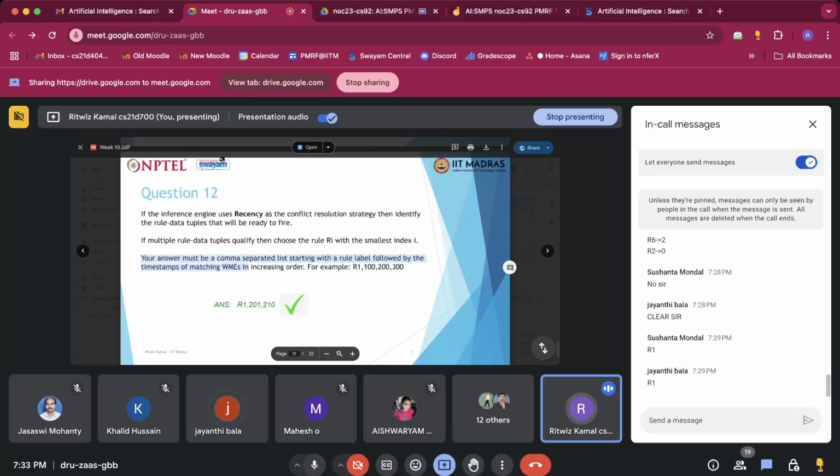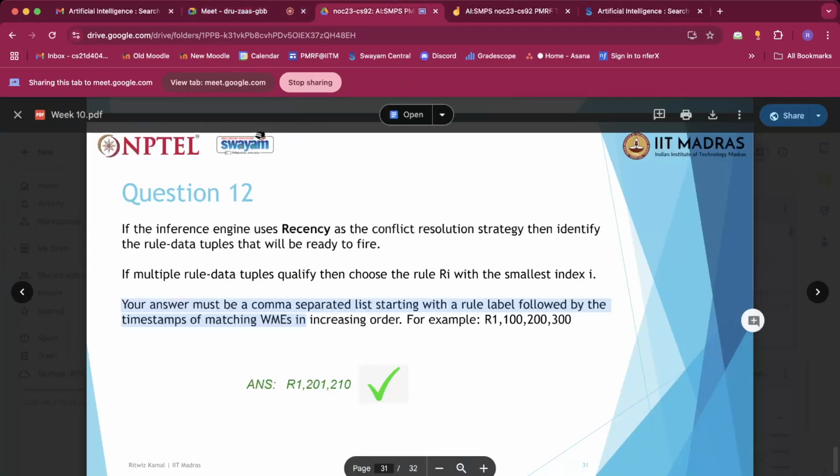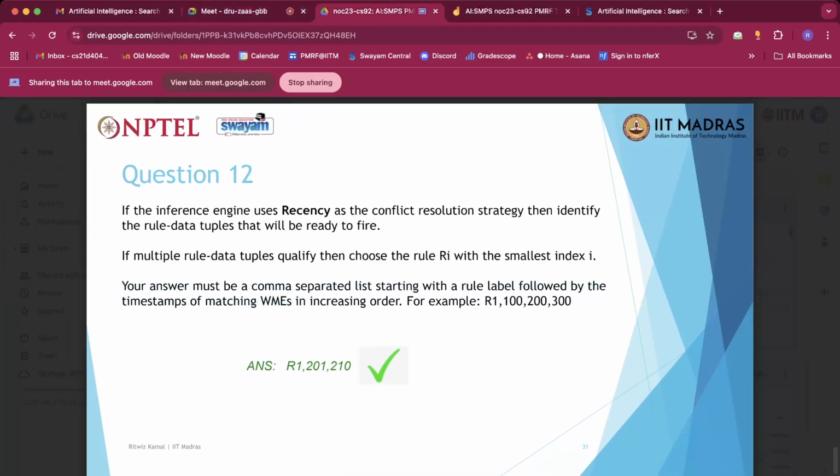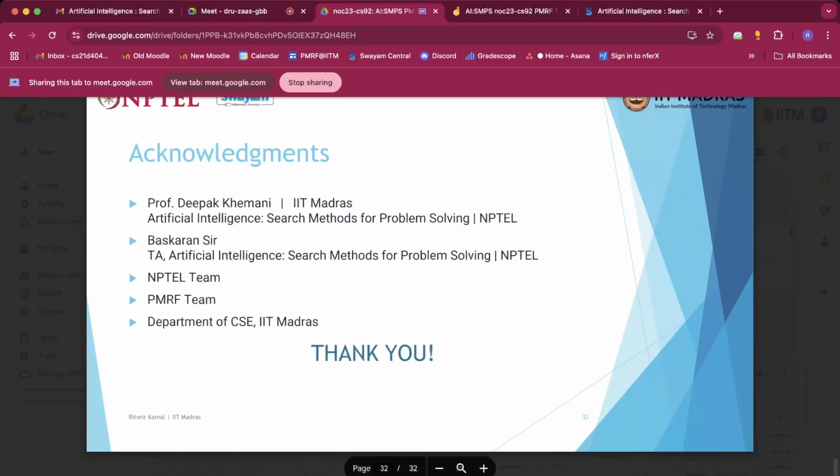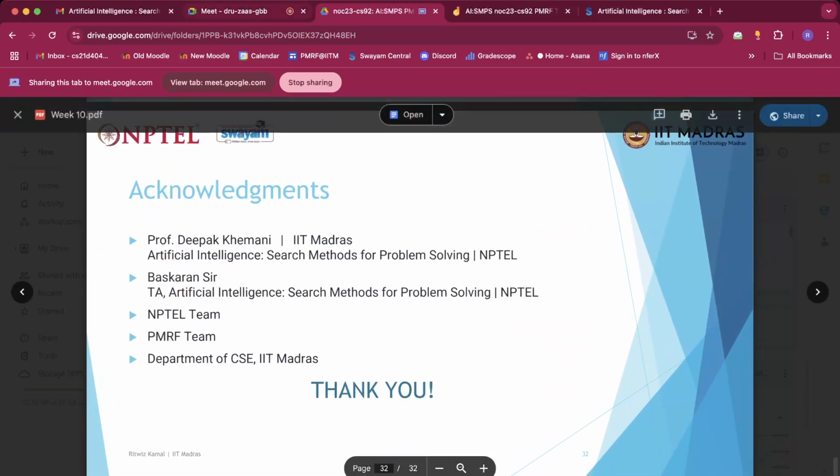But once we have selected that, we can represent this particular rule data tuple in any manner that we want to, because now we have selected it. Here the answer asked us in a certain way, so we just presented the answer in that particular way. So I hope recency is clear, and that actually brings us to the end of questions I had for today.